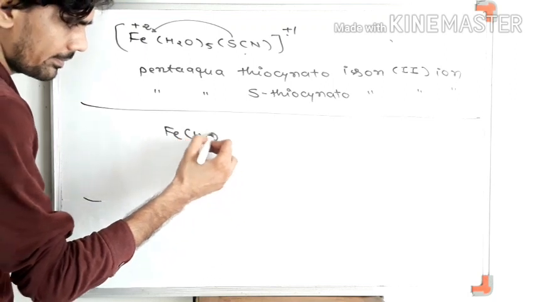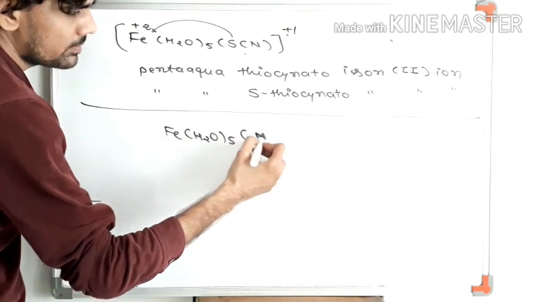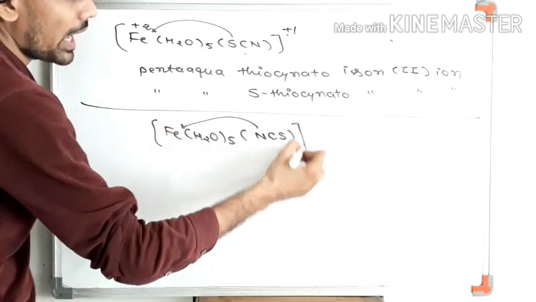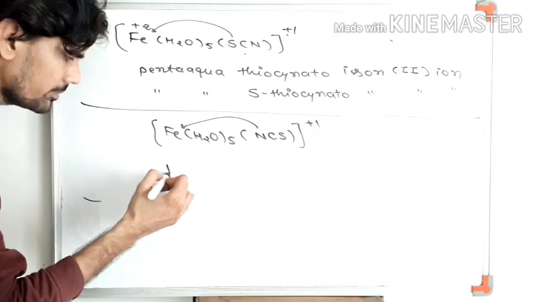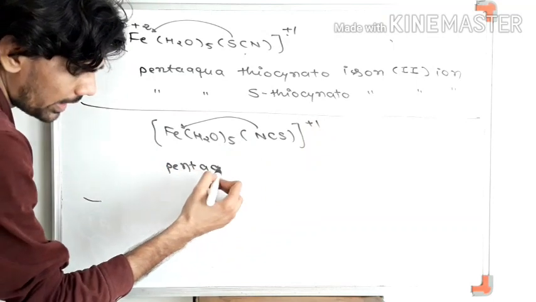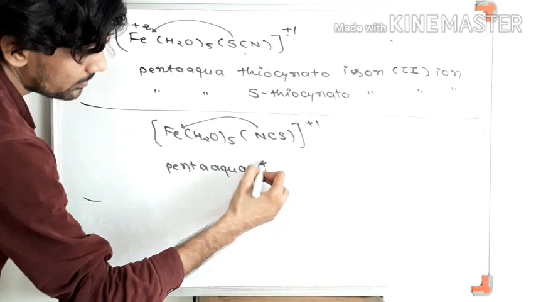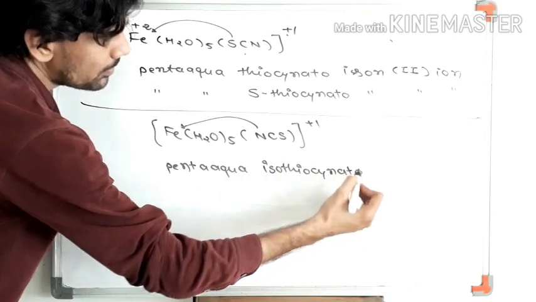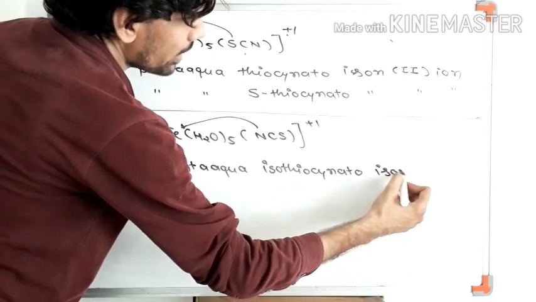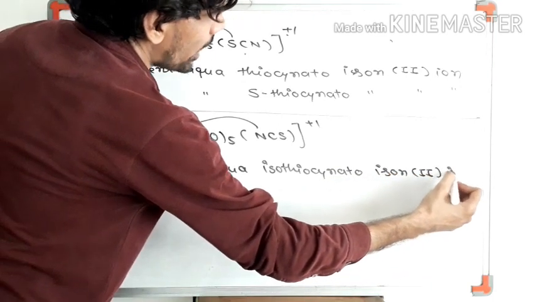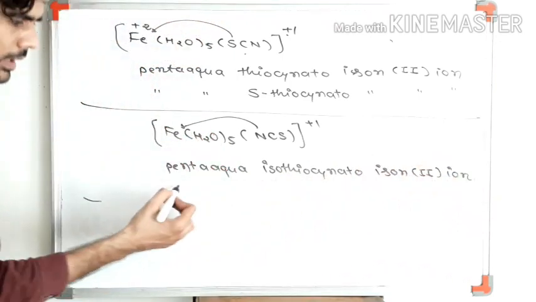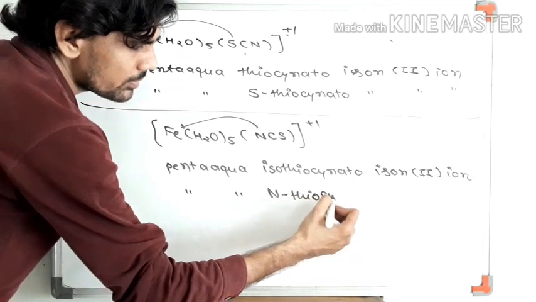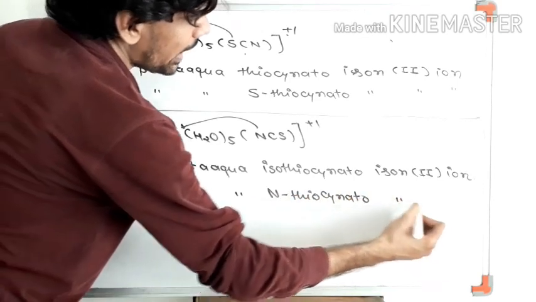But for [Fe(H2O)5(NCS)]2+, here nitrogen is making the dative bond with iron. The name should be pentaaquaisothiocyanatoiron(III) ion, or pentaqua-N-thiocyanatoiron(III) ion.